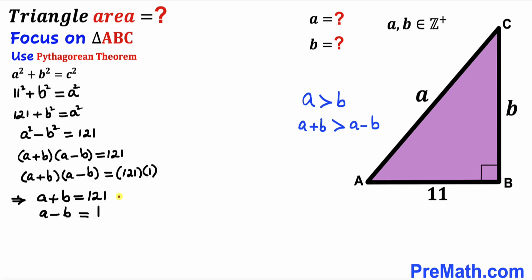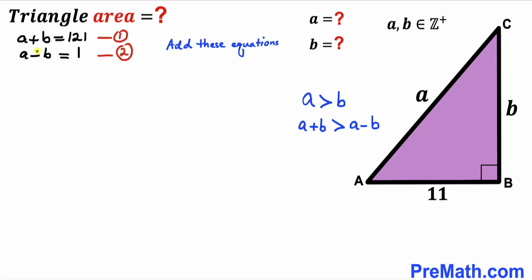I'm going to label this one as equation number 1, and this is equation number 2. Now we are going to solve this system of equations by adding equations 1 and 2. Here we can see positive b and negative b are gone. So we end up with 2 times a equals 122.